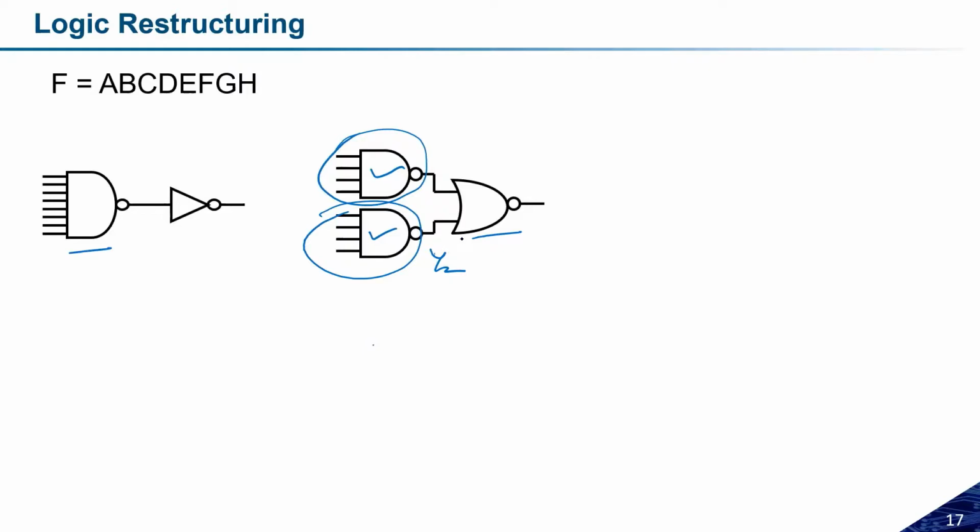So after restructuring the logic, you are simply reducing the number of fan-ins or number of inputs in particular logic, and by reducing the number of fan-ins, you can reduce the overall propagation delay, and that will lead to faster performance. This is what logic restructuring is.